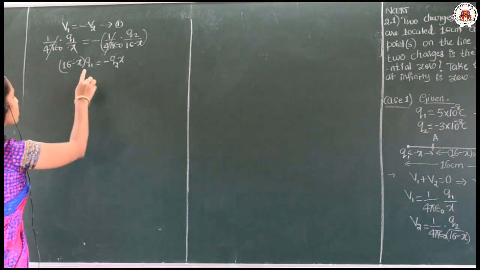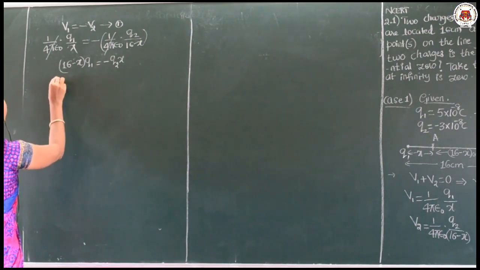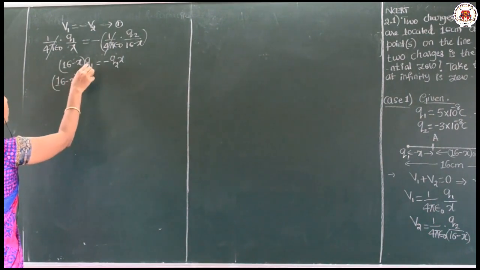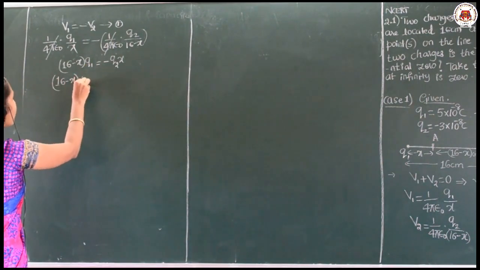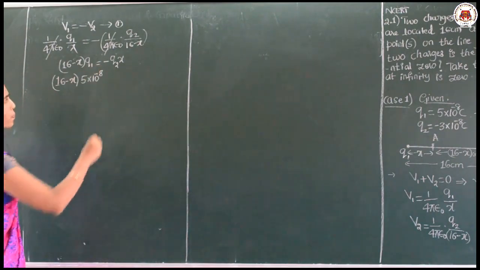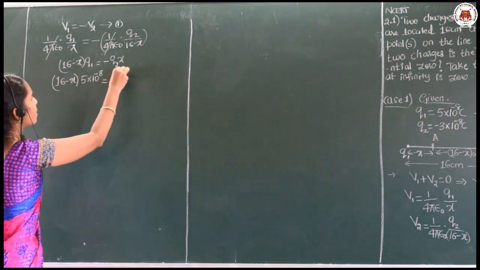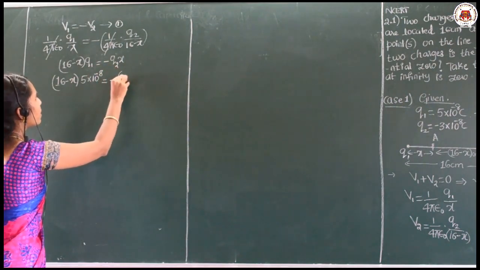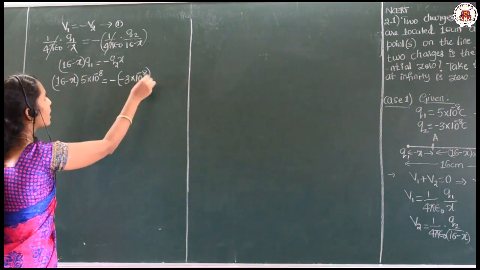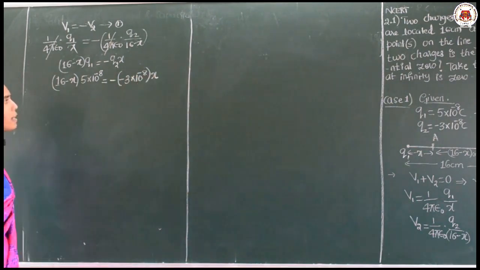Now substitute q1 and q2. 16 minus x, times q1, which I already told you is 5 into 10 raised to minus 8 coulomb, is equal to minus q2, which is minus 3 into 10 raised to minus 8 coulomb, multiplied by x.